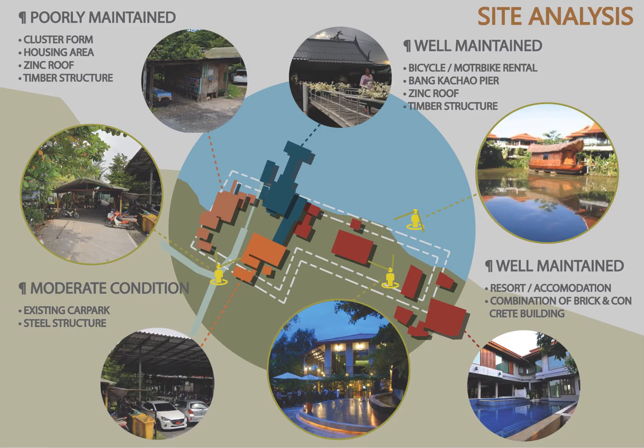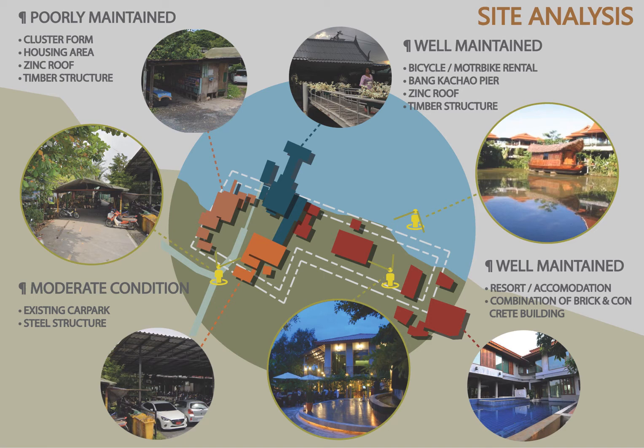So coming to the site analysis, after the studies, I found that there are four types of existing buildings on the site. The first is the clustered form housing area, which is at the left side of the proposed site. It's poorly maintained, more like simple timber structure housing.